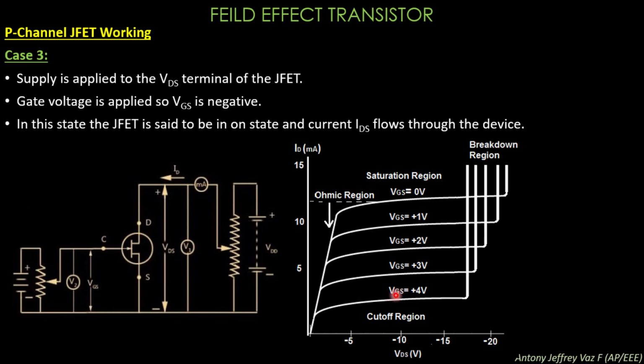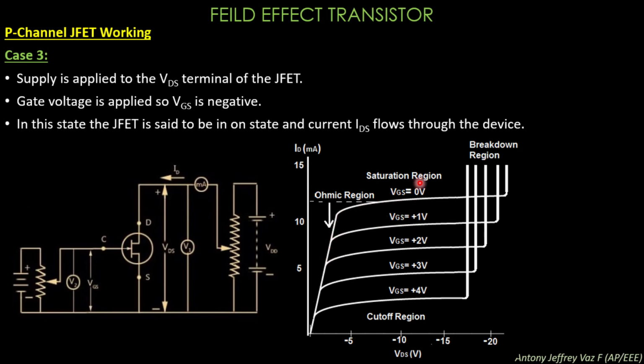Similarly, the gate source voltage is positive, irrespective of the multimeter connected in the reverse direction. If you go on decreasing the gate source voltage, the current present in the drain goes on increasing.